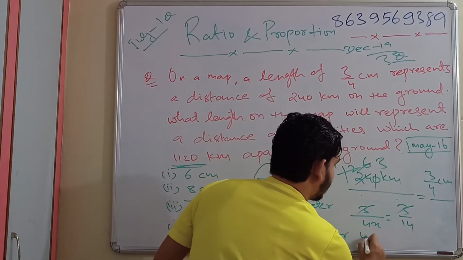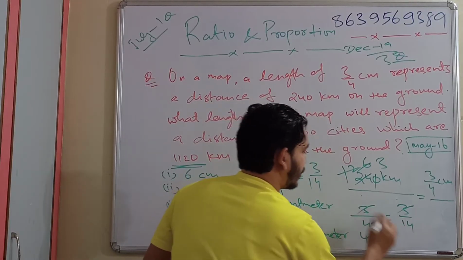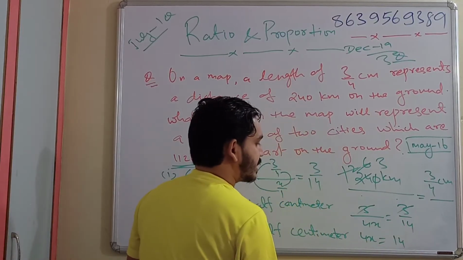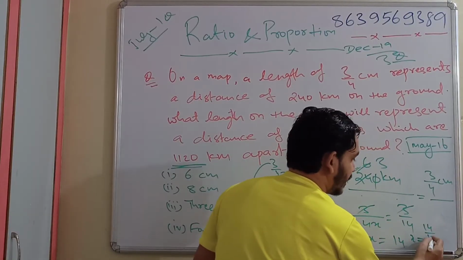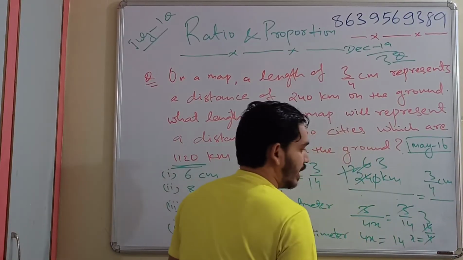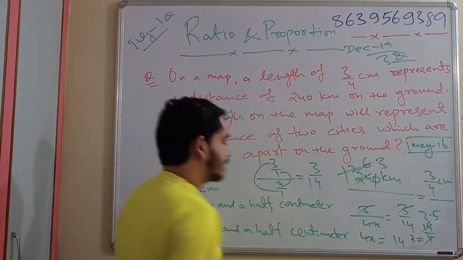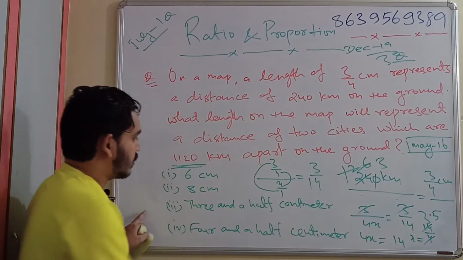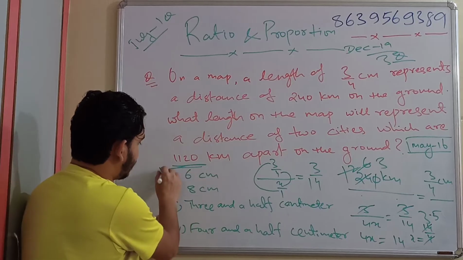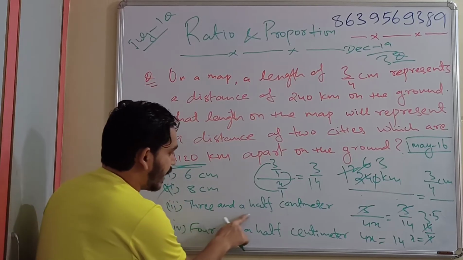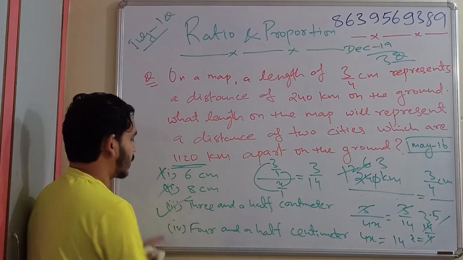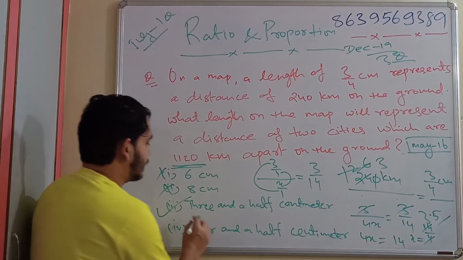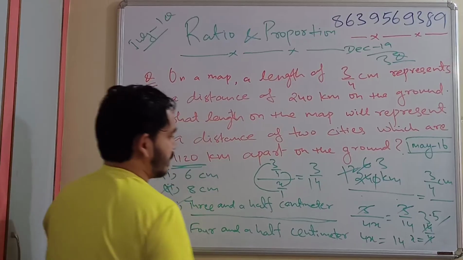Now 4x is equal to 14. x is equal to 14 by 4. If you calculate this, you will get 3.5 centimeter. The options here are 6 centimeter, 8 centimeter, 3.5 centimeter, so the correct option would be option 3, 3.5 centimeter.